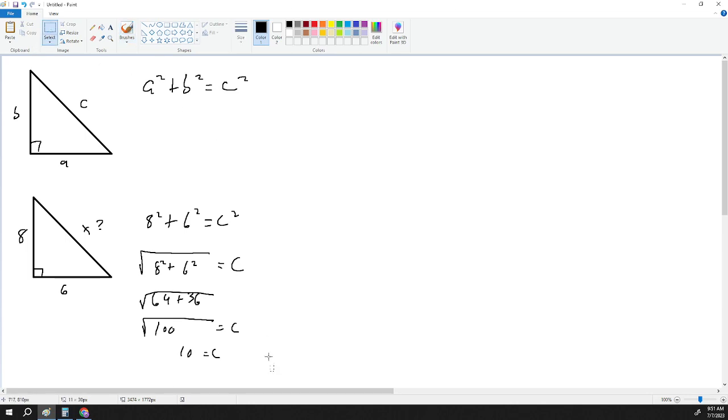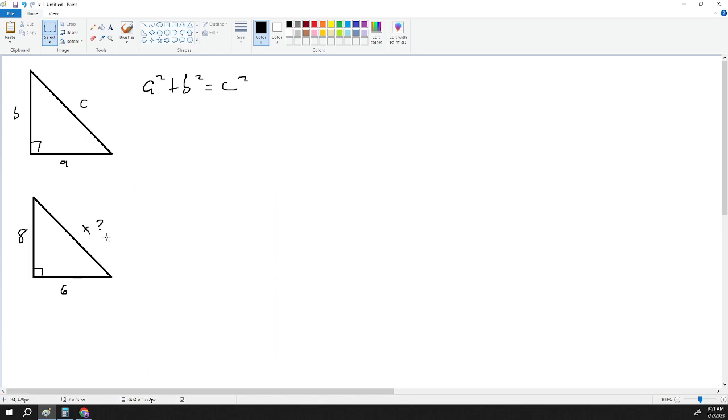Right? Paano kung, what if this is 7 and this is 12? What is my missing side?